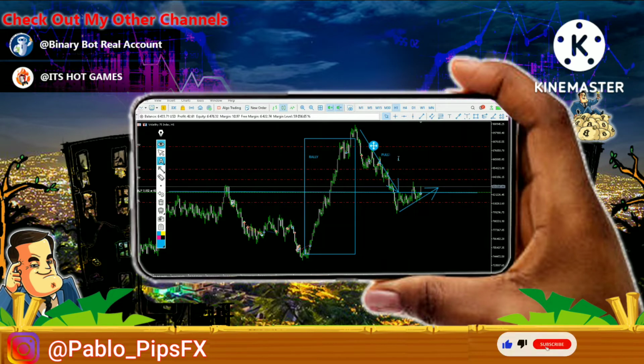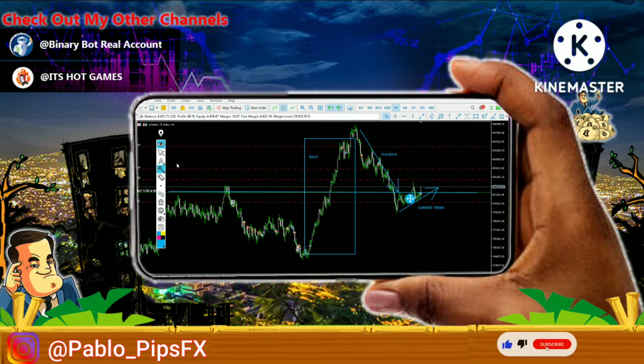So the pullback, right? And then this arrow right here is now the current trend. Okay? So I want you guys to look at this. The rally, right?